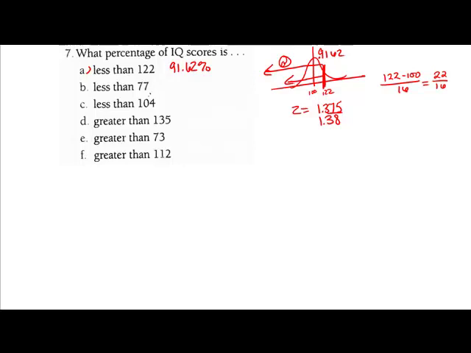Let's do a greater than 112. So first step, bucket on the floor, draw a normal curve. My mean is 100. I need to do greater than 112.